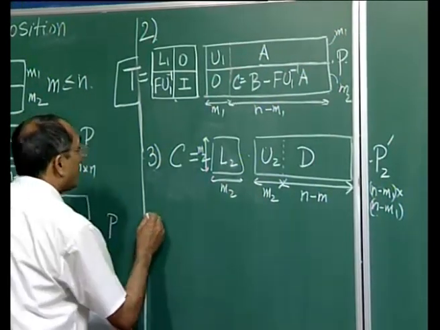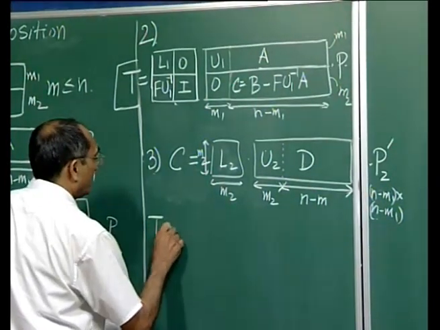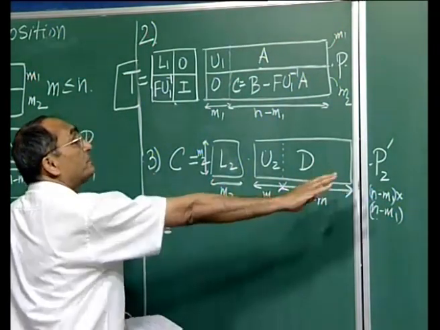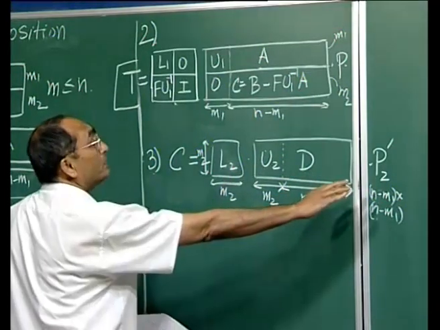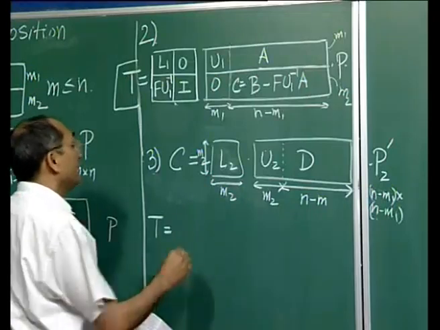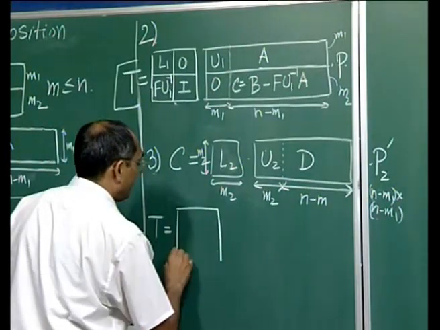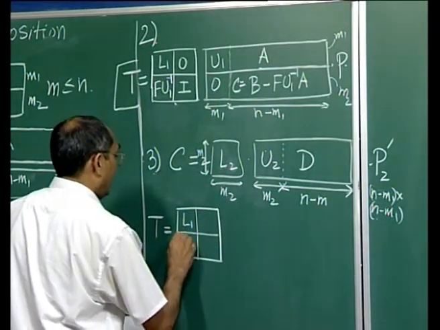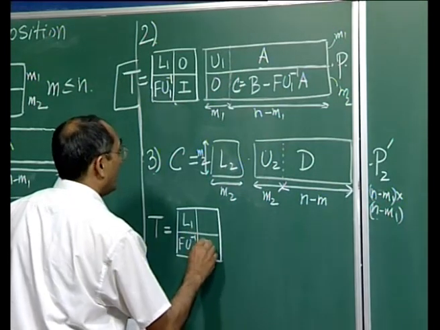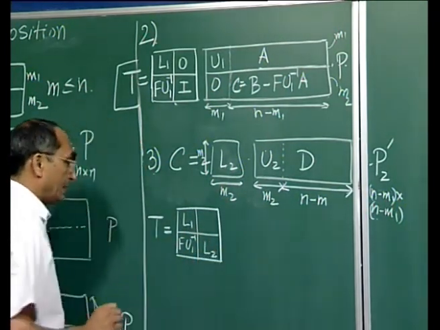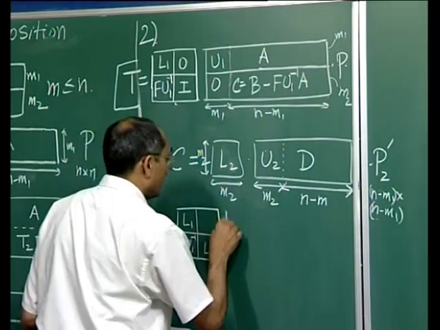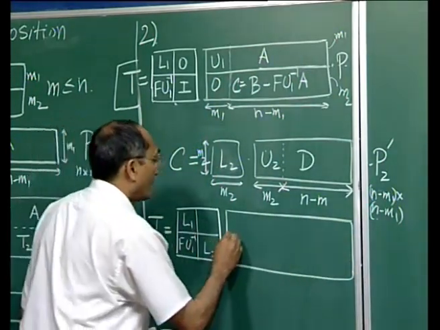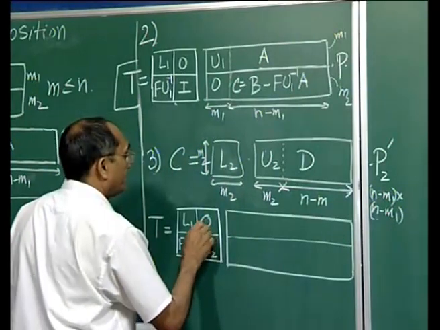So, let us try to rewrite our P, recognizing this factorization. So, we will put L1 here, U1 here, we will put L2 here, this will be 0.